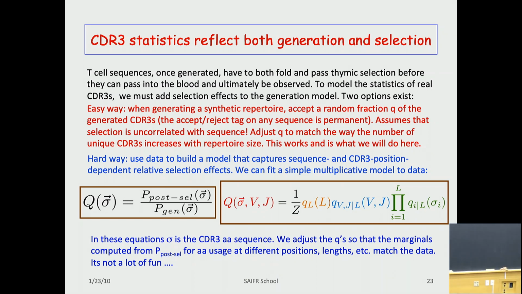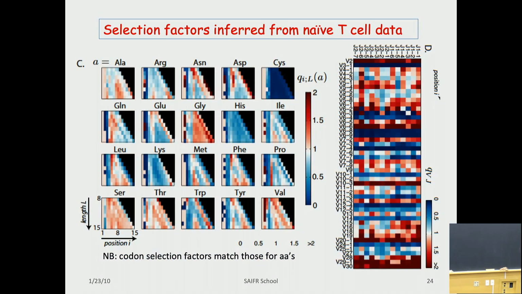And then you do an inference procedure of a kind not unlike what I described before. It's pretty complicated, but the remarkable thing is that it works reasonably well. Or I'd say it works quite well.